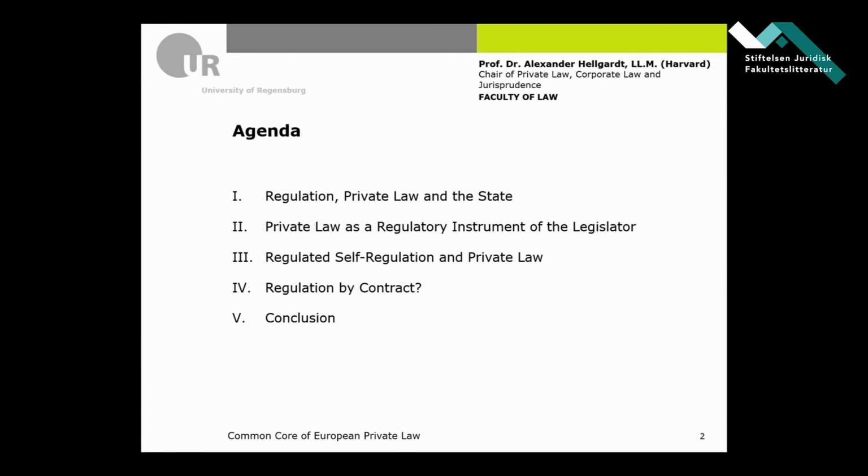And this includes courts and case law as well. Secondly, such regulation which obliges the private addressee to regulate other parties by means of contract law. Finally, the question will be whether regulation can also occur in the relationship between private parties without any state interference.